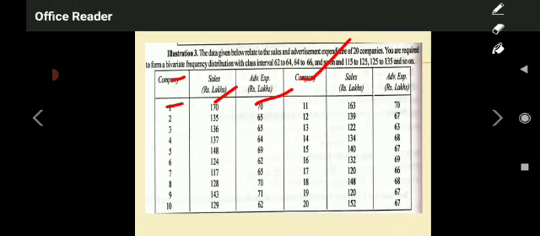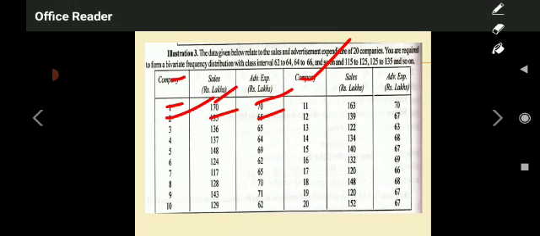If such is the condition, how to show it? 135 is sales and 65 is advertisement expenditure.